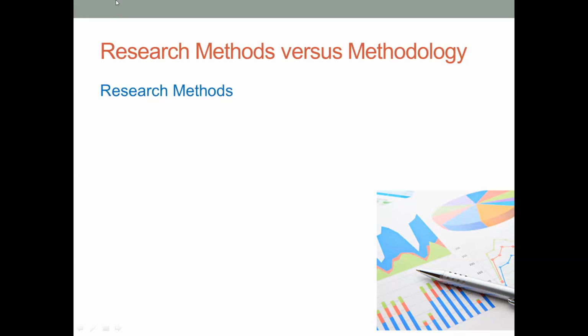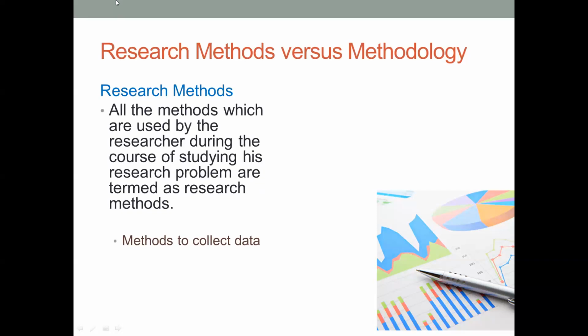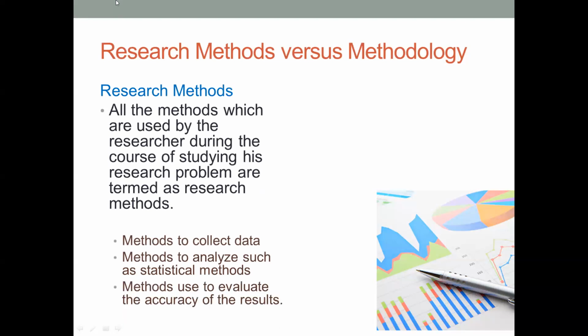So usually research methods means all the methods, that is experiments, surveys, questionnaires. If you find data from older published data, all these methods are what you are doing in order to find a solution.